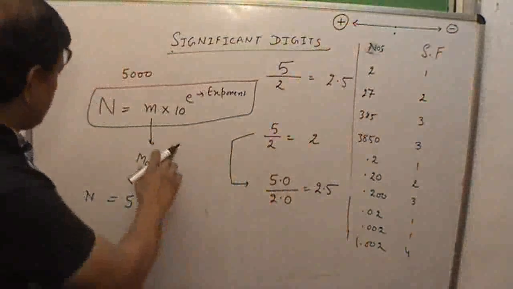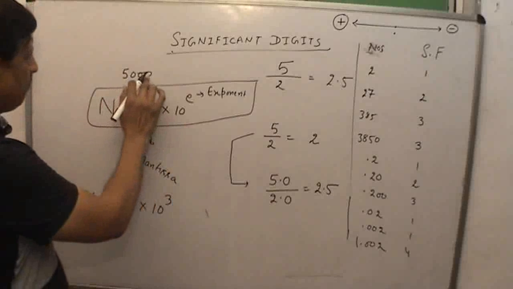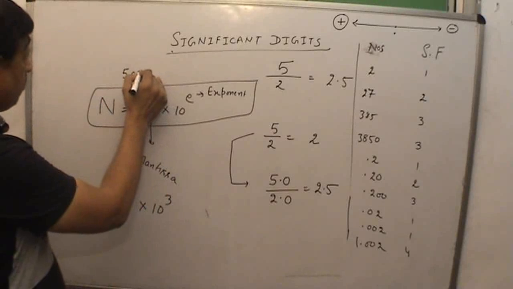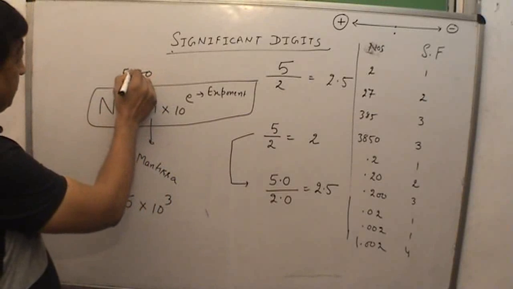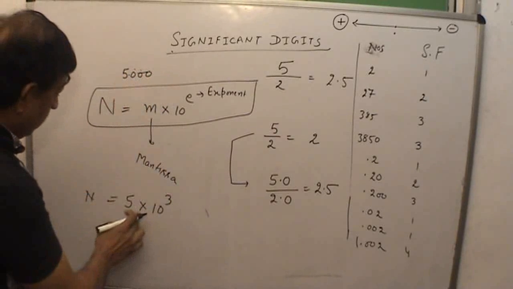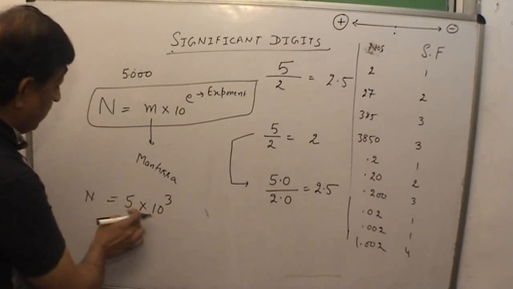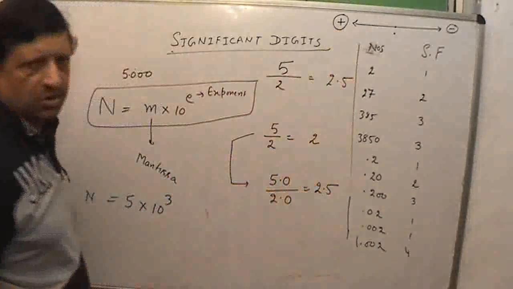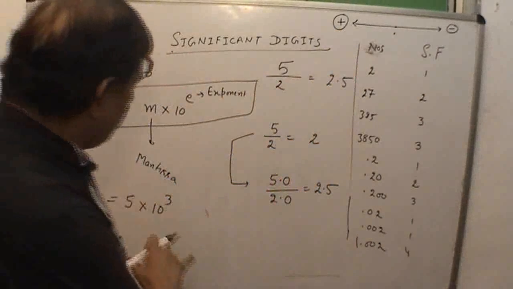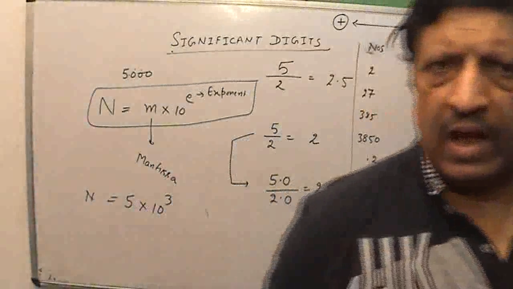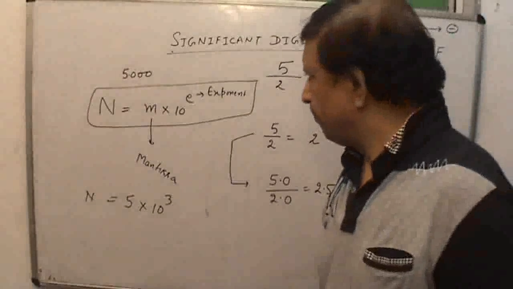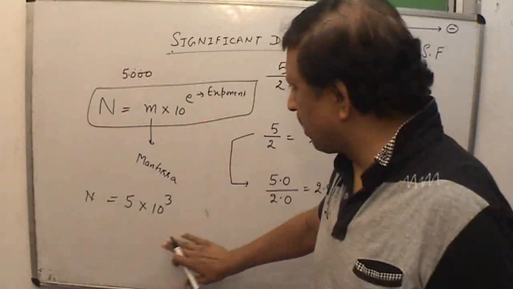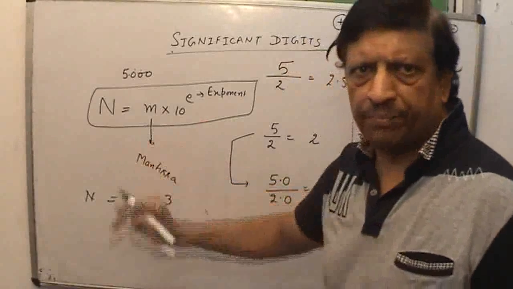Let's see, here 5,000, we moved the decimal 3 places, giving 5.0 into 10 raised to the power 3, that is plus 3. So we decided that every figure which we represent, we will give to the computer program in this way.